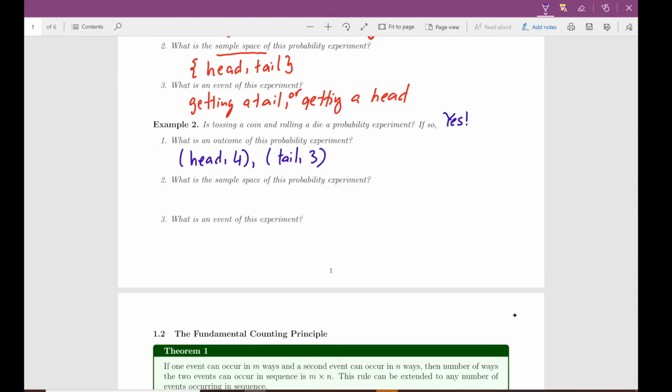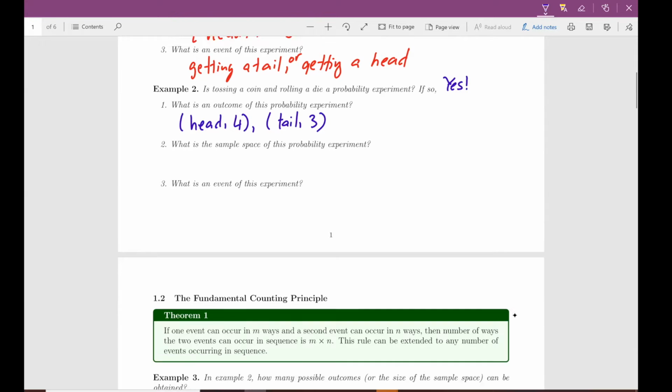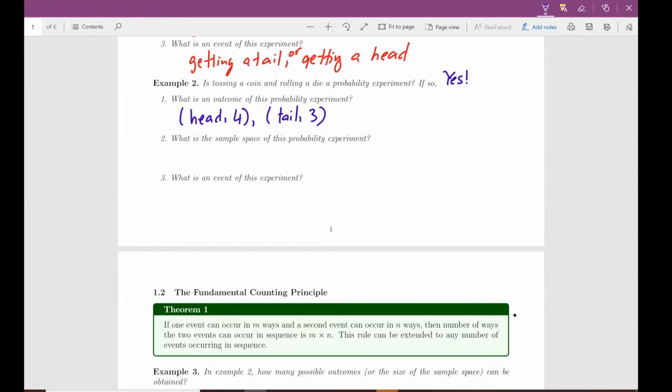Now we can talk about what is the sample space of this probability experiment. So again, the sample space contains all the possible outcomes. When you flip a coin, you can get either head or tail, right? And when you roll a die, you can get either 1, 2, 3, 4, 5, 6.